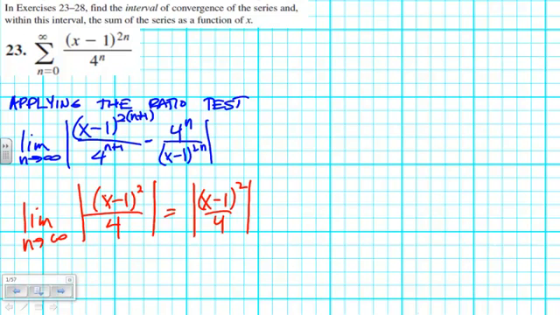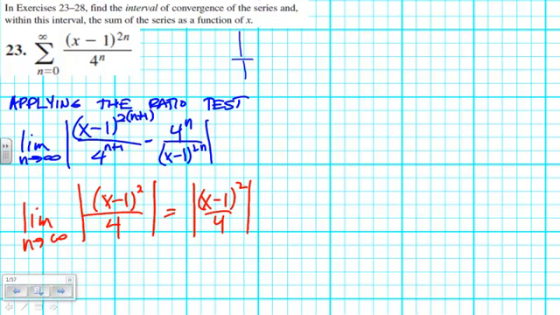All right, now if we started writing out what this series looks like, what would the first term, when n is 0, look like? Well, I get x minus 1 to the 0th power, which is 1, and 4 to the 0th power is 1, divided by 1. So the first term is 1.